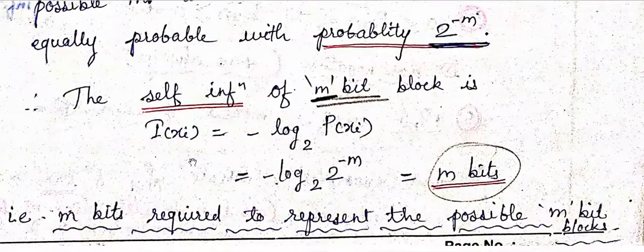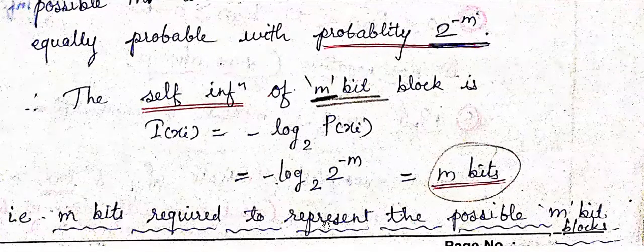So the self information of an m-bit block is I of xi equal to minus log p of xi to the base 2. This can be generalized for m bits as minus log of 2 raised to minus m to the base 2.